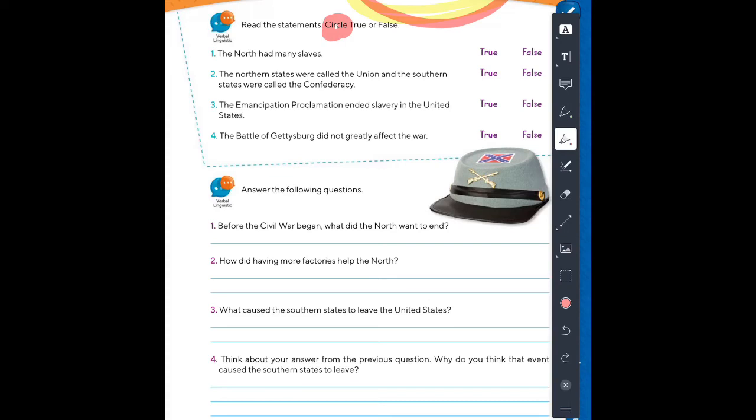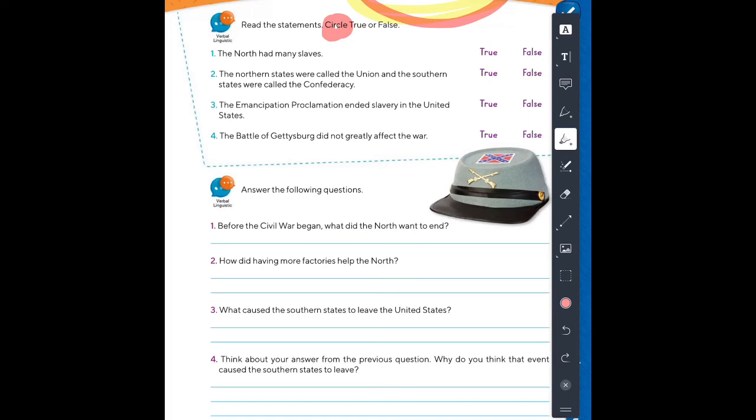True or false? Number 3, the Emancipation Proclamation ended slavery in the United States. True or false? 4, the Battle of Gettysburg did not greatly affect the war. True or false? Then we have some open questions.